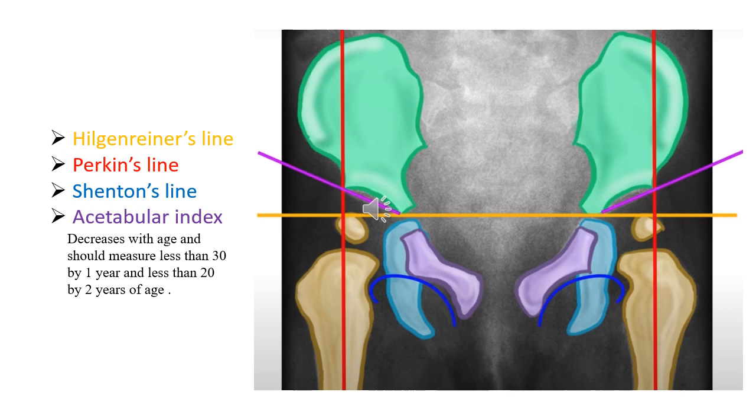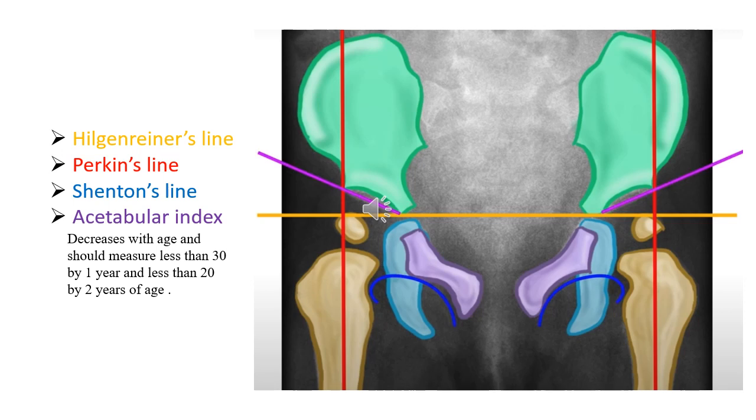So these two lines form a 90-degree angle and form 4 quadrants, and most of the femoral head should be in the inferior medial quadrant in a normal hip. If it is located lateral or superior, then that can indicate DDH.